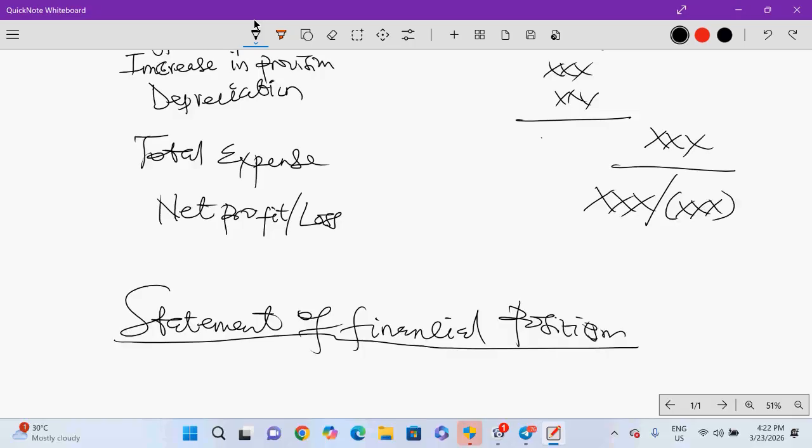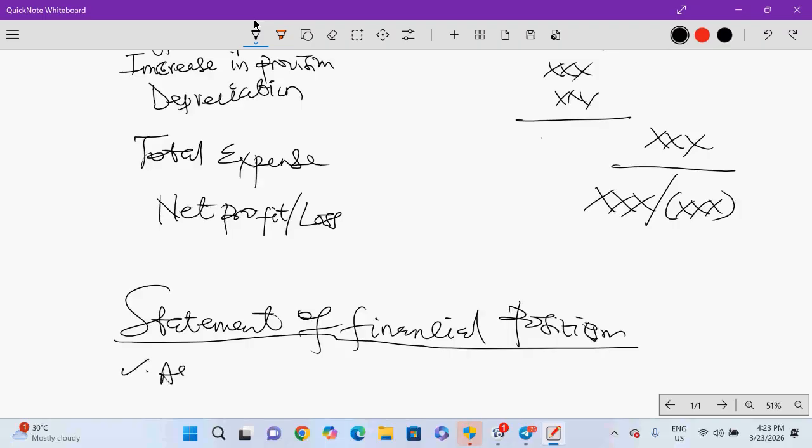Under the statement of financial position, we would like to look at the position of the business, the position of the entity.